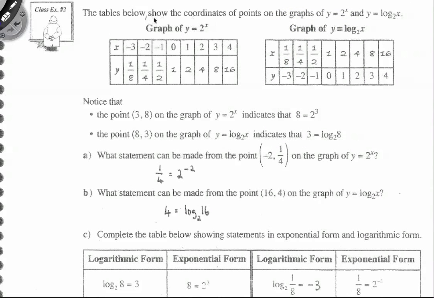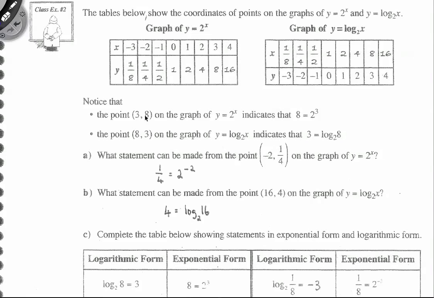Example 2. Tables below show the coordinates of points on the graphs, on both these graphs. One's the inverse of the other. So you can see some points of x, points of y, and we had these points in our tables at the beginning of this lesson.